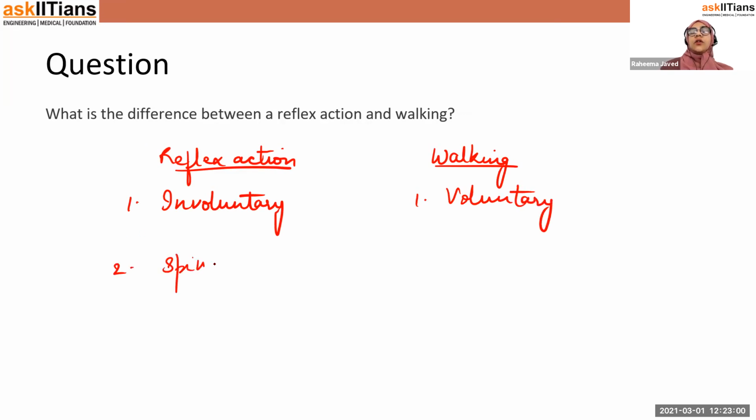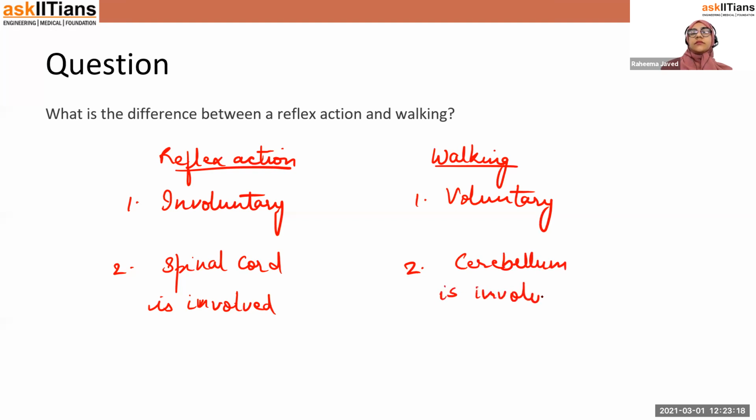Spinal cord is involved in the execution of a reflex action. But in case of walking, cerebellum is involved, right? So these are the differences between reflex action and walking.